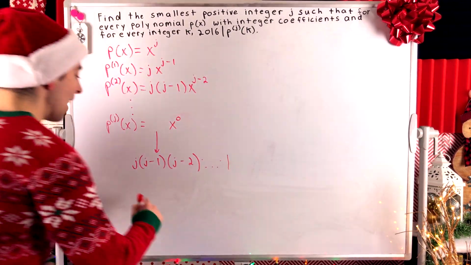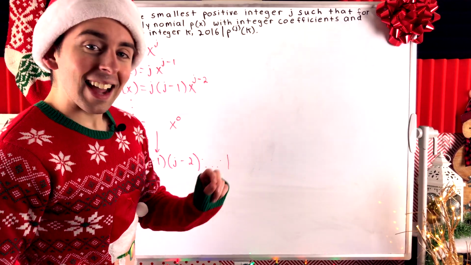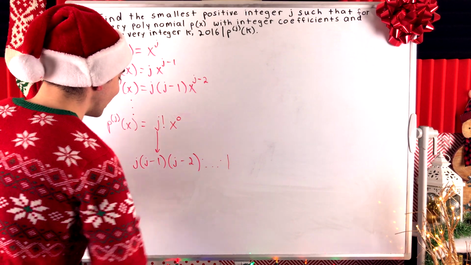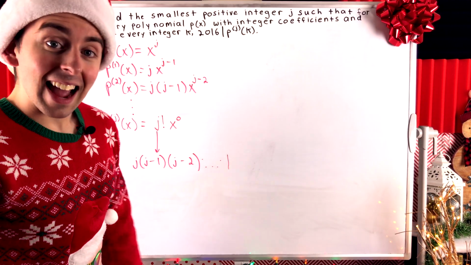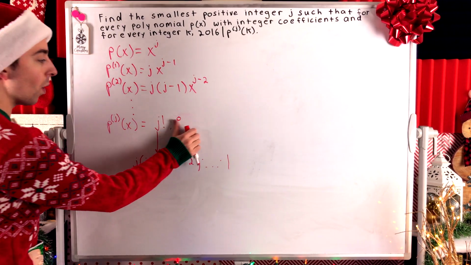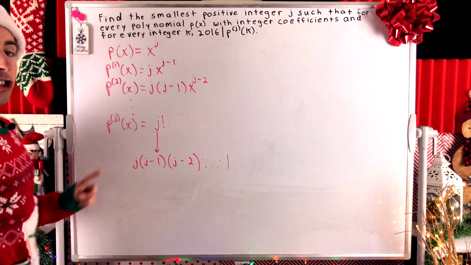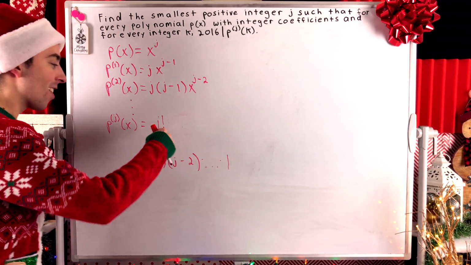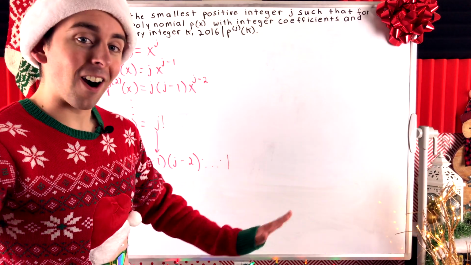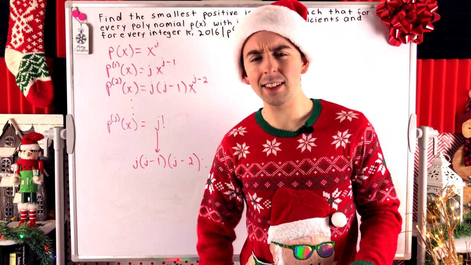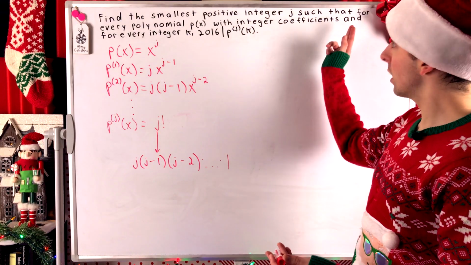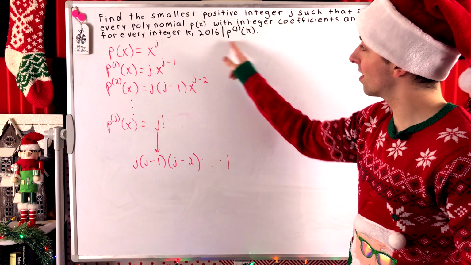That's 1. And what is this, my friends? Well, that is j factorial. And then, of course, like we said, x to the power of 0 is 1. So, in fact, the jth derivative of x to the power of j is just j factorial, a constant term. And why is this useful? Well, remember, j, whatever it is, is the smallest positive integer that satisfies this condition.